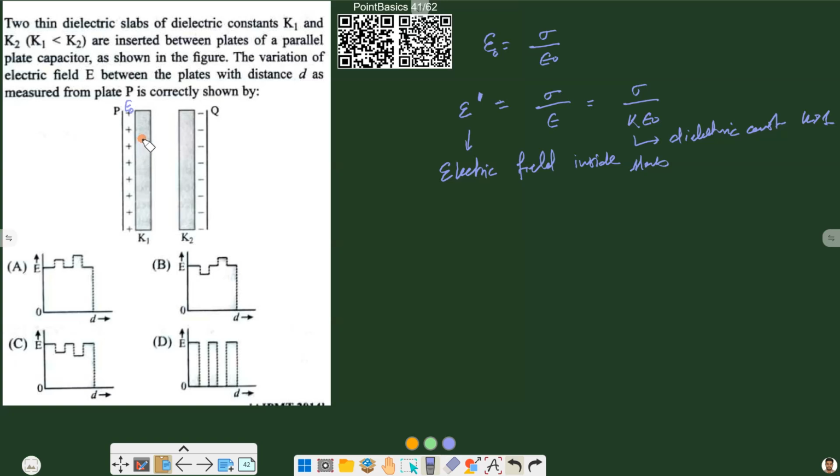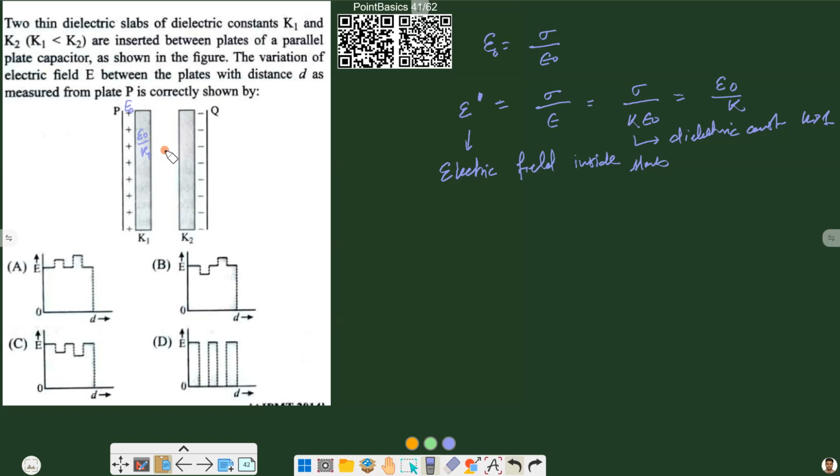Inside this slab, the electric field value will be sigma by K epsilon naught, which is E naught by K. For this slab K is K1, so E naught by K1.